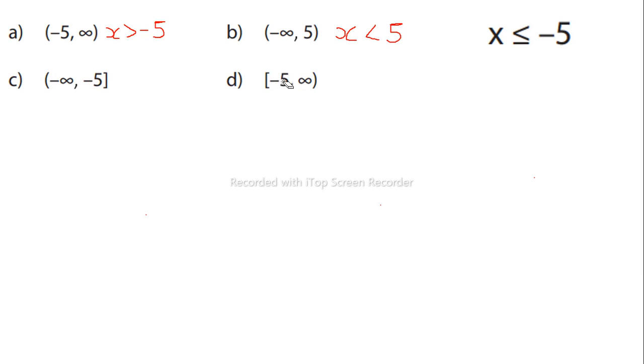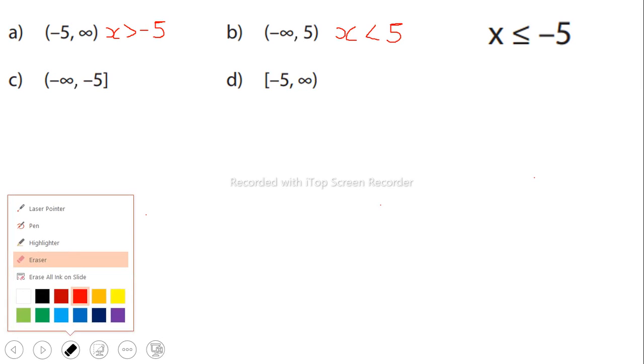So what it's saying is, start at -5. This time we include the -5. Start at -5 and then get increasingly large. So let's make a note of that.